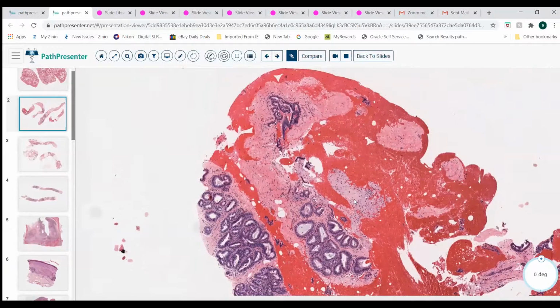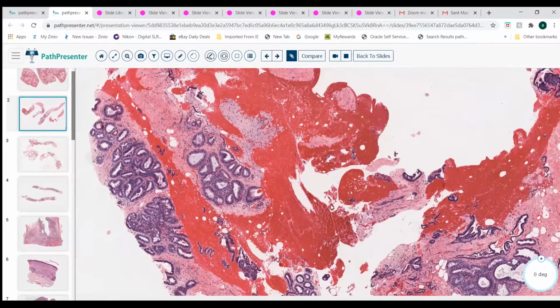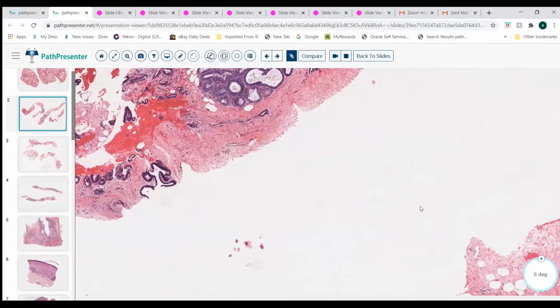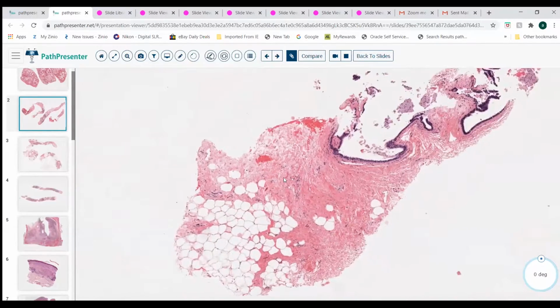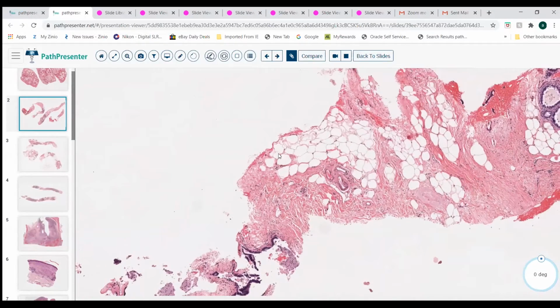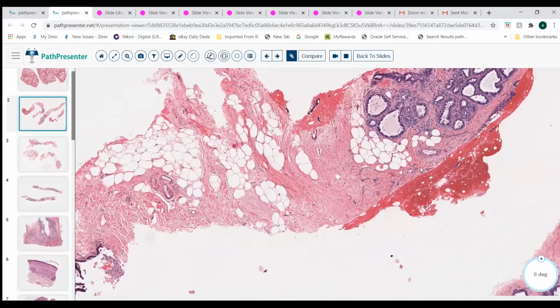Now, I can tell you as well that when this case was selected from the past presenter website, it was put down under the categorization of a radial scar.